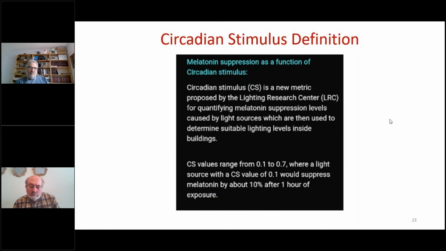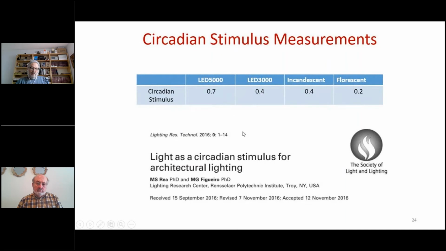So this parameter, circadian stimulus CS, is a new metric that has been defined by the Lighting Research Center, and it has a range from 0.1 to 0.7. So 0.1 means it would suppress melatonin by about 10% after 1 hour of exposure. Obviously 0.7 means 70% after 1 hour of exposure. So the lower this parameter is, the better it is for the lamp, so it would not stop you from sleeping.